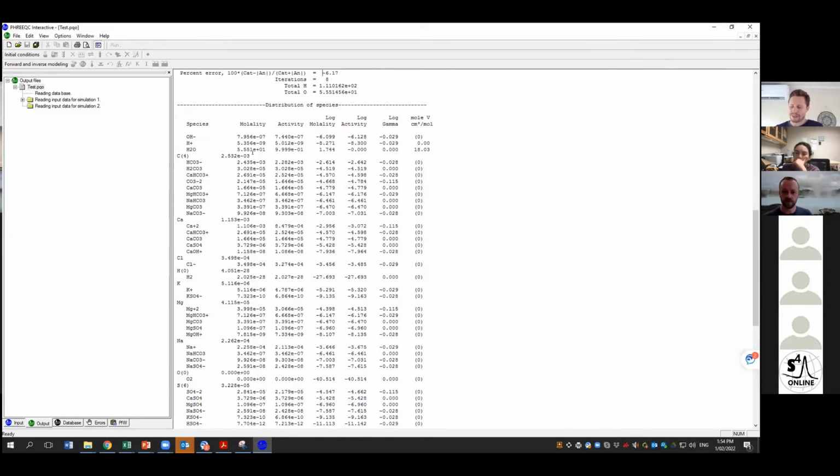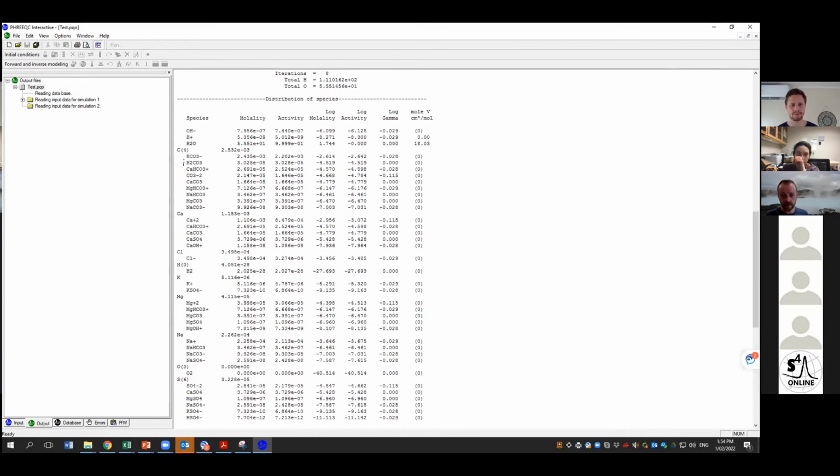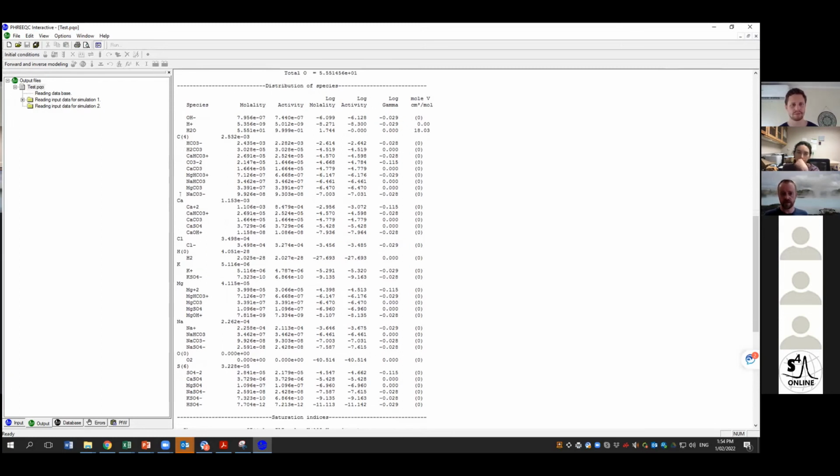Alkalinity, for those of you who don't know the term, is the same thing as dissolved inorganic carbon. That may be a term that you're more familiar with. And so you can see the various species of the carbonate system here under C4, right? So C4 is the oxidation state for the DIC, and then it's listing all the different species.